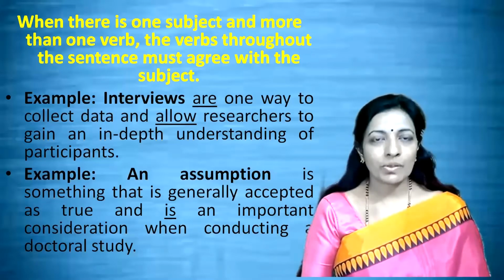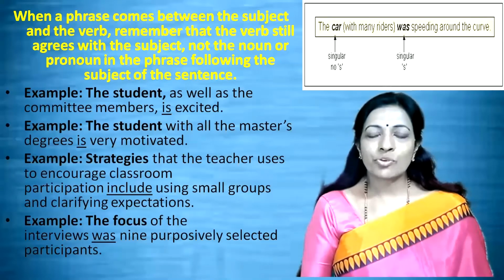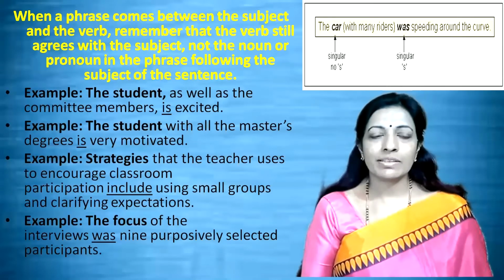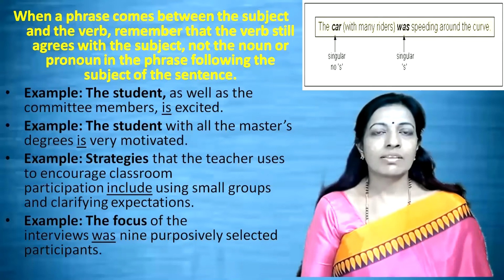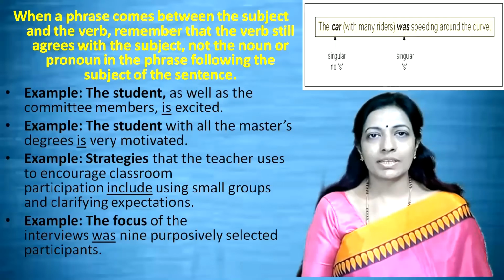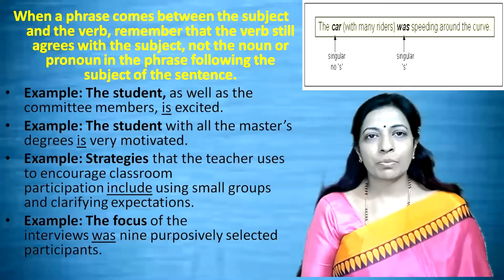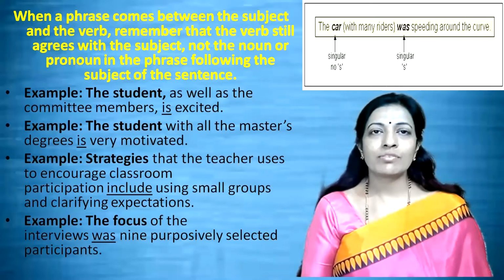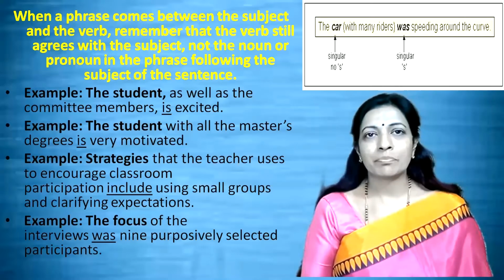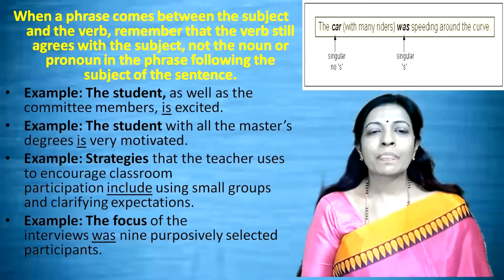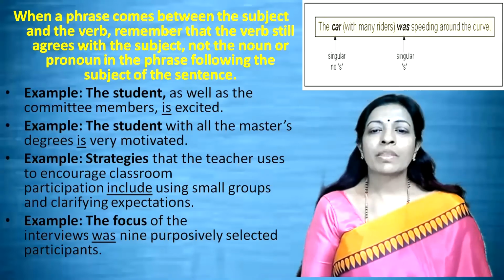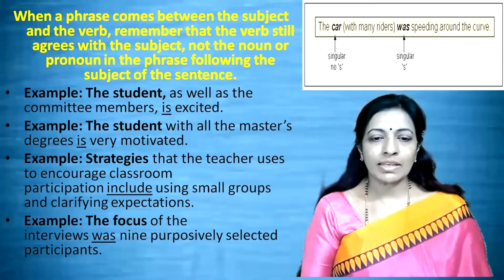The next rule which you should know of is that when a phrase comes between the subject and the verb, we need to remember that the verb will still agree with the subject and not with the noun or the pronoun in the phrase which is following the subject of the sentence. For example, let us see this sentence.